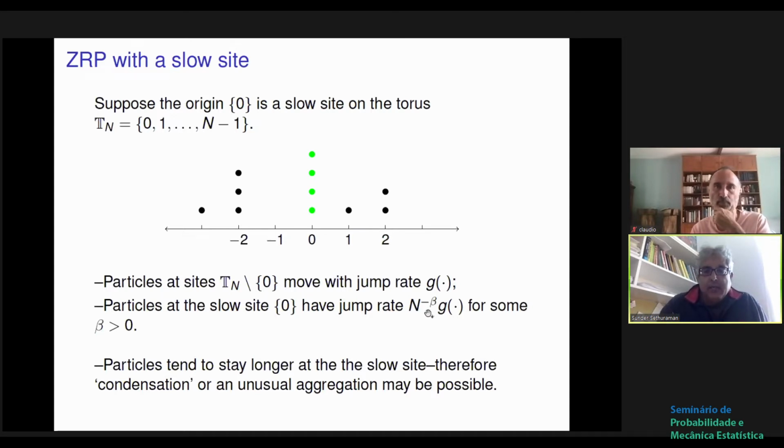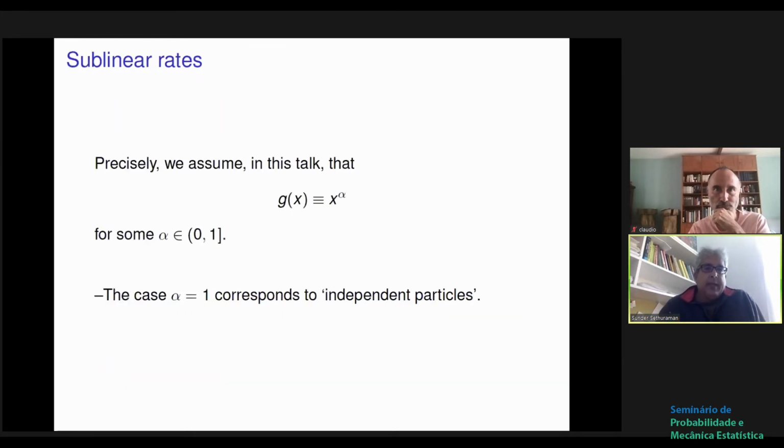So if you're at this location 0, then your jumping rates are much slower than if you're not there. So particles are going to move around. If they get to 0, they may accumulate, and you can call that aggregation or condensation, although condensation means different things in different contexts. Okay, so that's the model.